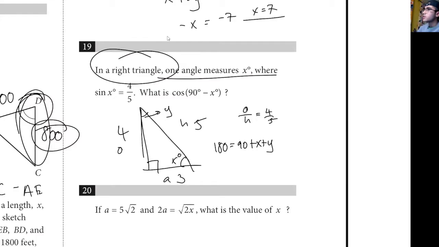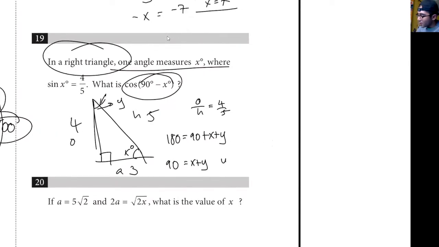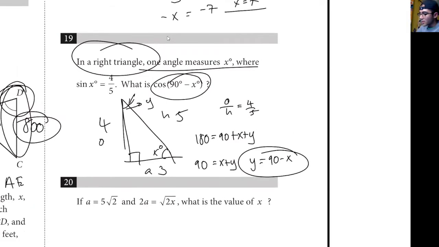Let's have all the constants on one side and all the other things on the other side. So then we have 90 is equal to x plus y. And we're trying to get y, which is this angle right here. So y is equal to 90 minus x. That means this angle right here is our 90 minus x. So let me get rid of these.